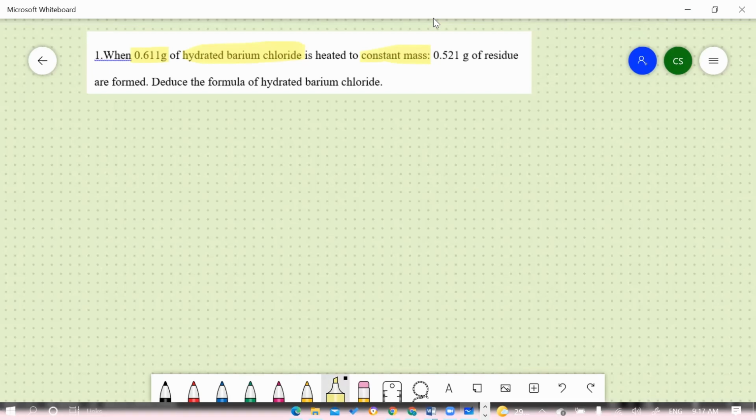Okay, that's great. So when you get the constant mass, it was 0.52 grams of residue, right? So what would be the residue? The residue would be the anhydrous salt, basically, the anhydrous barium chloride.